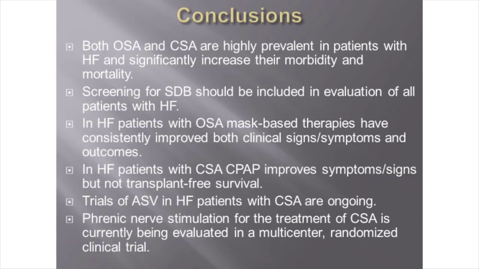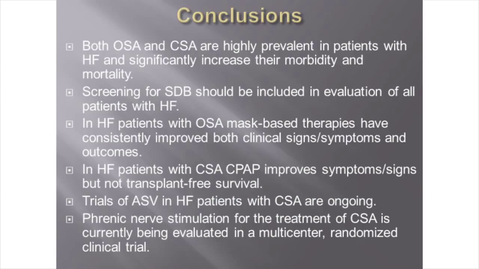So to conclude, both obstructive and central sleep apnea are highly prevalent in heart failure. They increase morbidity and mortality of heart failure. It should be included in the evaluation of all patients with heart failure. In patients with heart failure and obstructive sleep apnea, mask-based therapy has consistently improved outcomes. This is not so in the case of central sleep apnea.